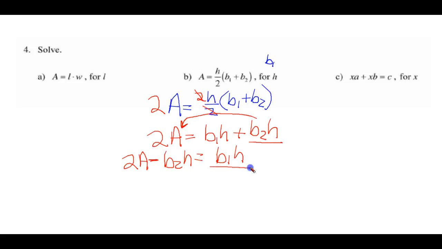Now to solve for B sub 1, I'm going to divide both sides by H. Put a grouping symbol that includes everything on top, and then divide this by H as well. So here the H's cancel out, and I'm left with B sub 1 equals this. Okay, good technique.